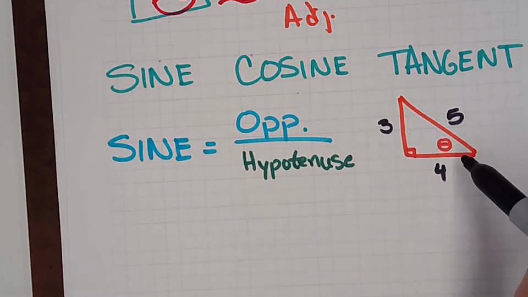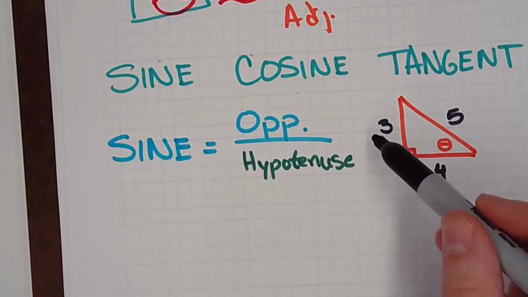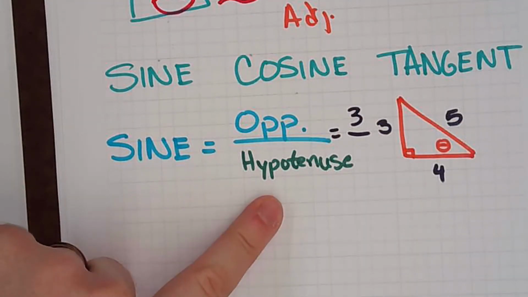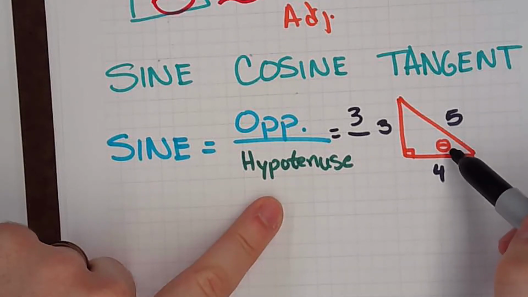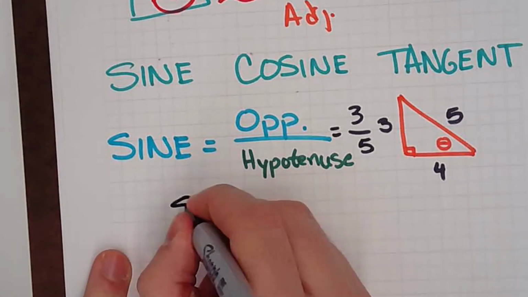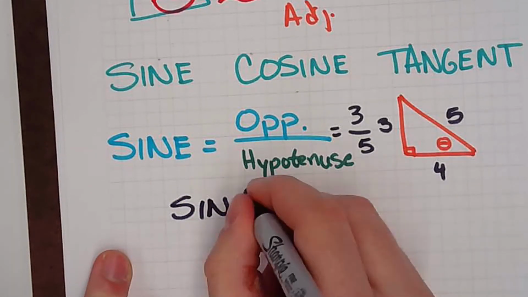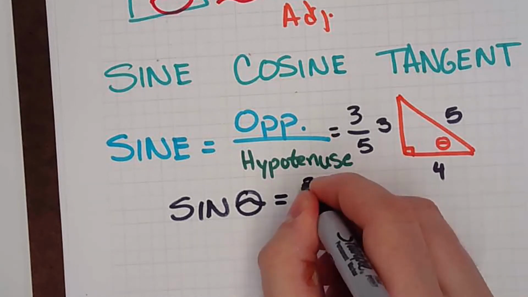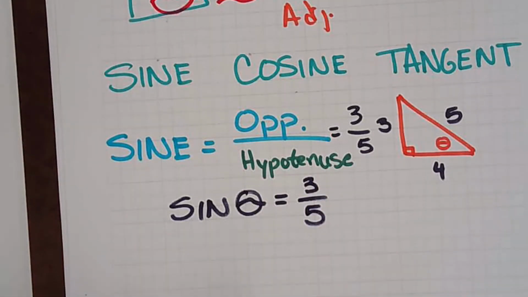What's the opposite of this angle? 3. What's the hypotenuse, Kenny? 5. So the sine of theta, we write sin theta, she would never commit a sin, is 3 over 5.